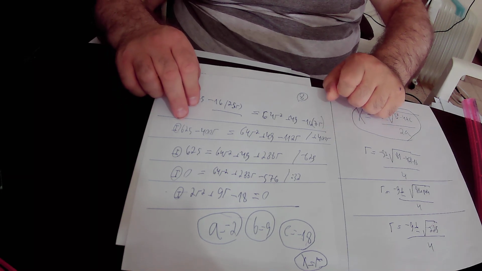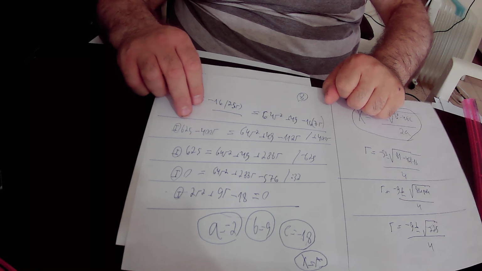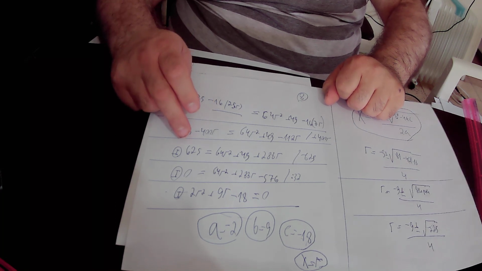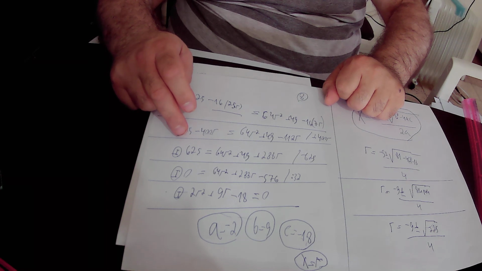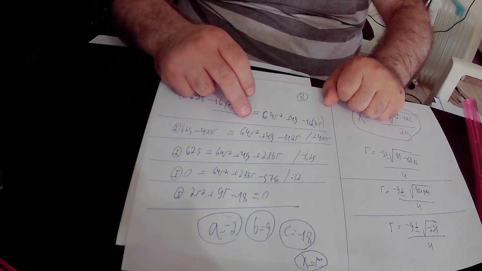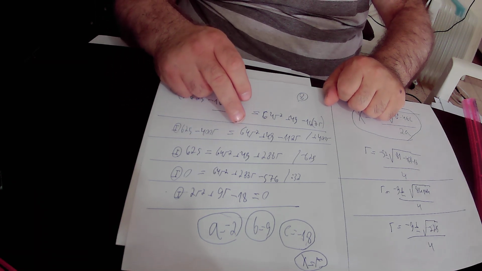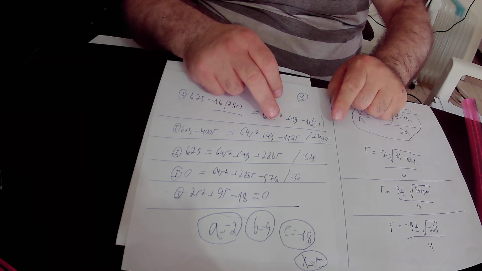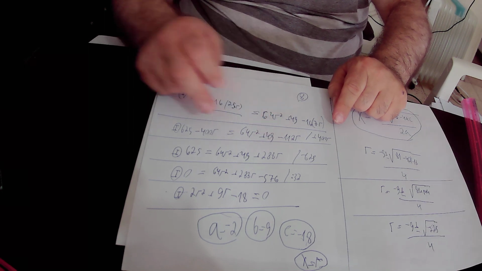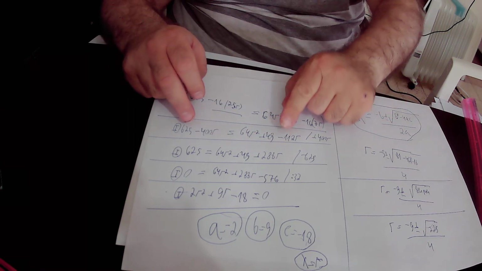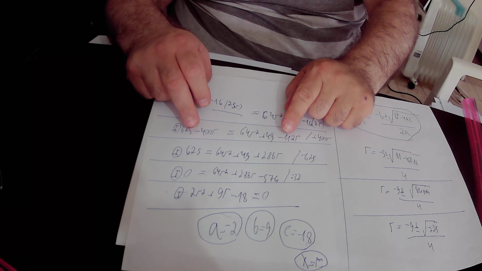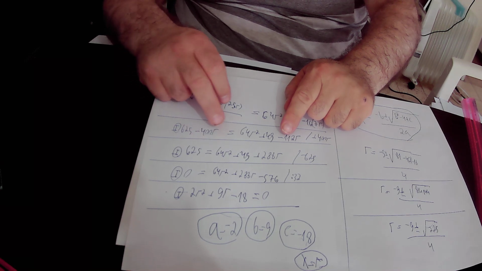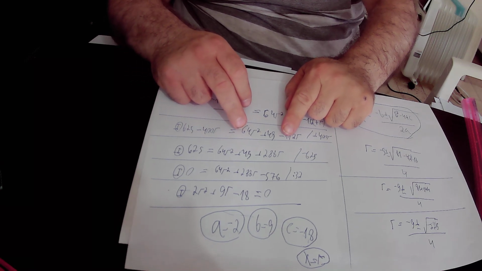So we have here 625. 400r minus 400r is 0, so we are left only with 625 on this side of equation number 1. And it is equal to 64r squared plus 49. And here we have 400r minus 112r, it is equal to 288r. So in conclusion, we found out that 625 equals 64r squared plus 49 plus 288r.